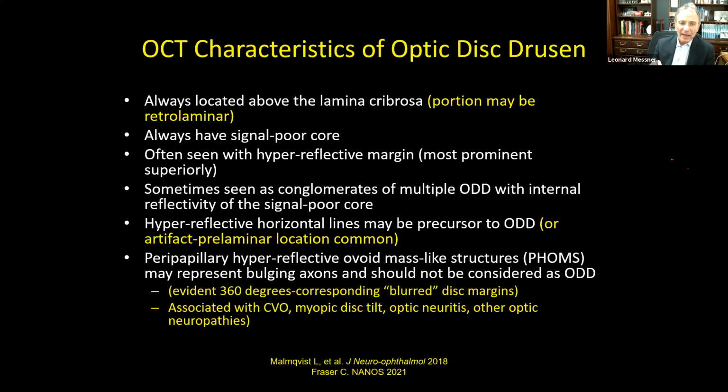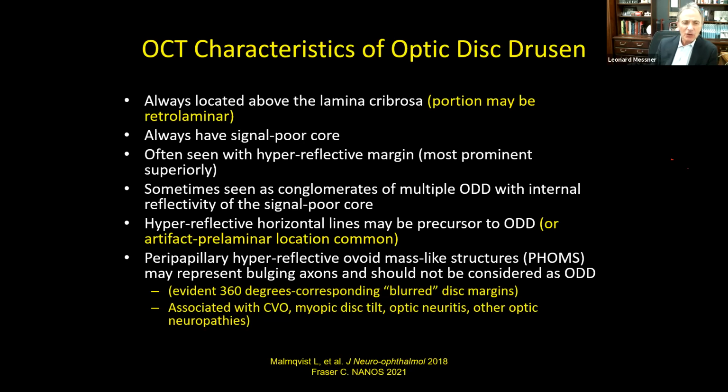And along with that, there is typically a hyperreflective margin, and that hyperreflectivity is most prominent often at the apex of the drusen. You can appreciate drusen through OCT, both as isolated individual drusen, or they may merge together to form aggregates of multiple drusen.